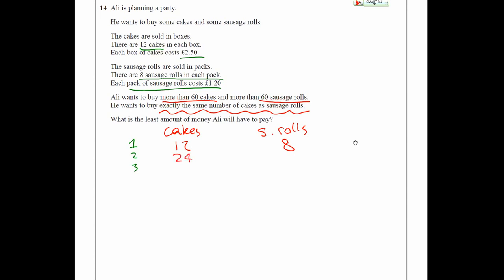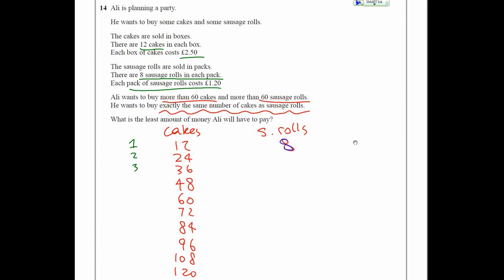Just add 12 each time. If you're not confident in your head, use your calculator. I'm just literally adding 12. 48, 60, 72, 84, 96, 108, 120.